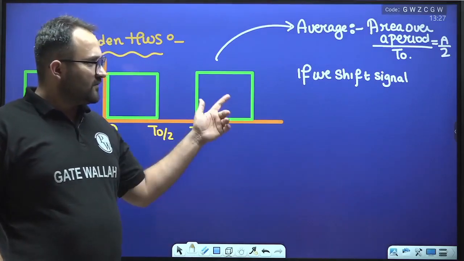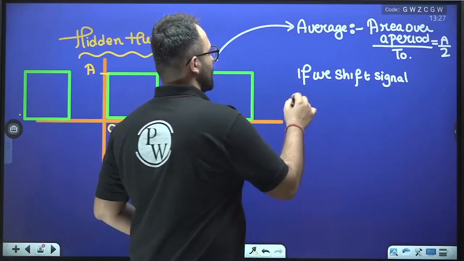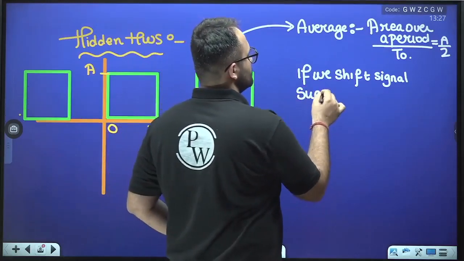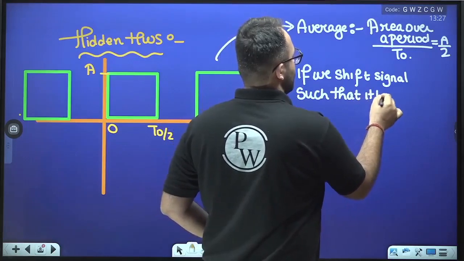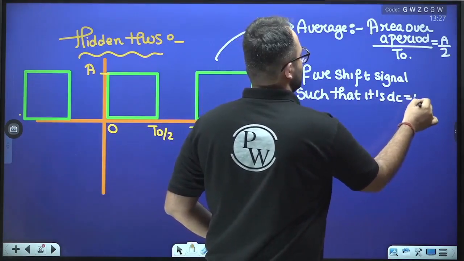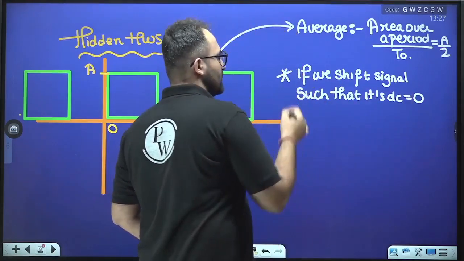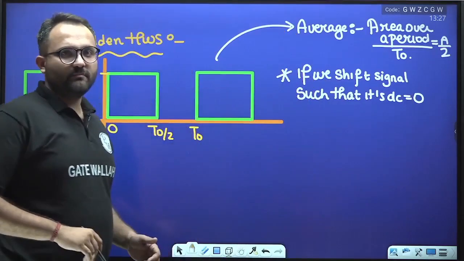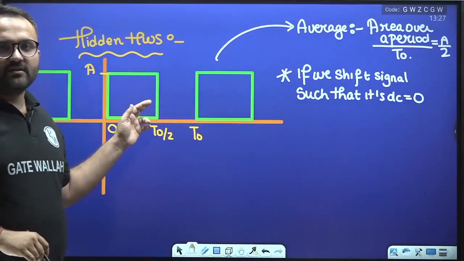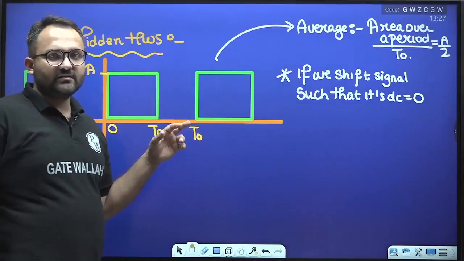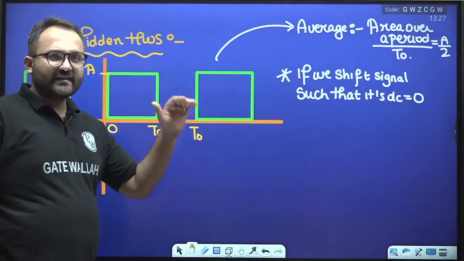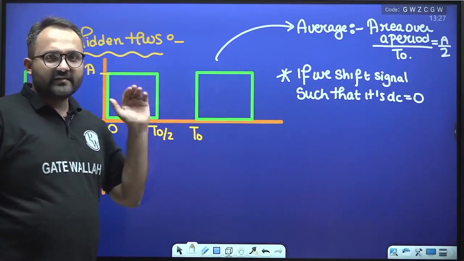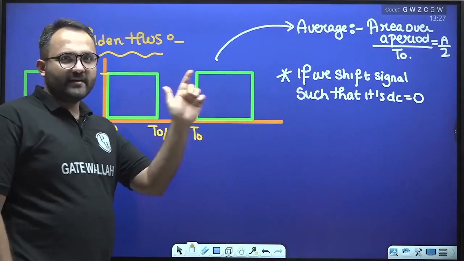So we shift the signal such that its DC becomes 0. DC means average value becomes 0. Average value will become 0 by subtracting the signal by its average value, or we can say that by shifting the signal downwards by its average value.